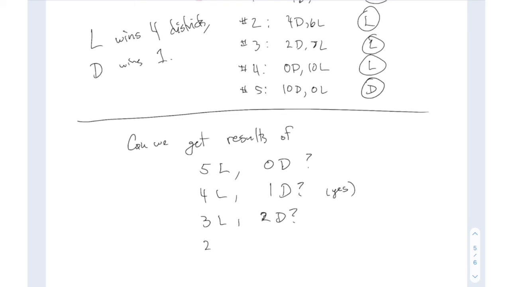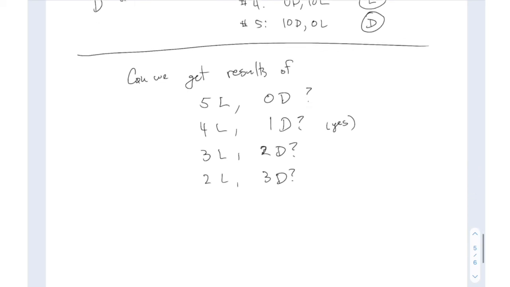Could you get 2 L's and 3 D's? I'm writing all the different possible outcomes. Which of these are actually possible? That's what I want to know. 1 L, 4 D, 0 L, 5 D. See what you think. I'll give you a moment and then I'll come around and see.